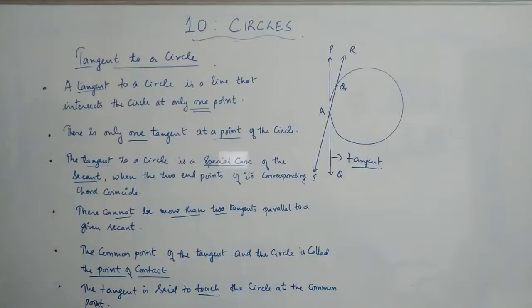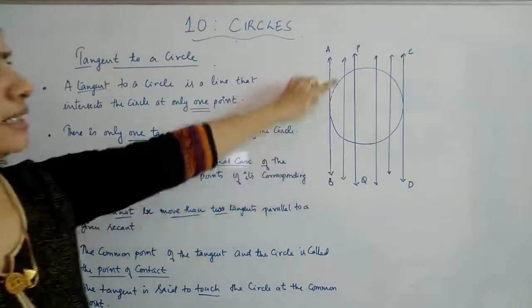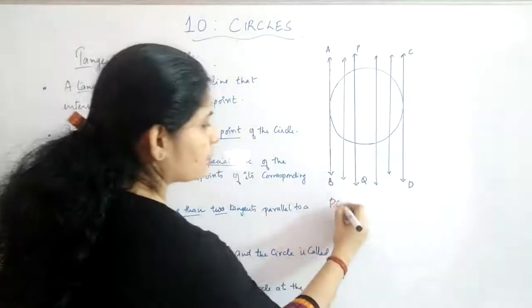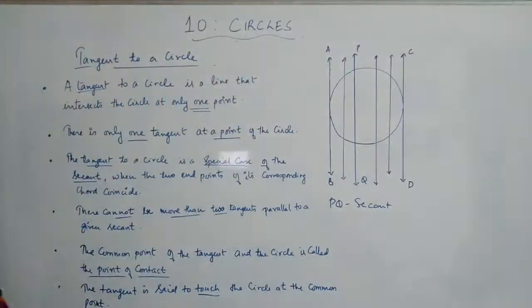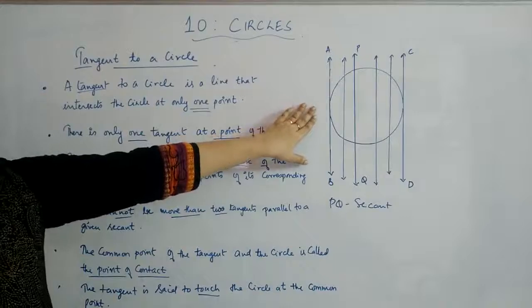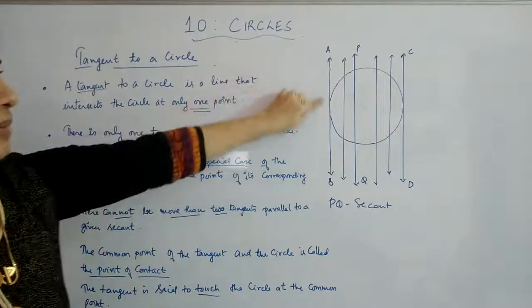Next is, there cannot be more than two tangents parallel to a given secant. Here I have taken PQ as the secant and we have drawn certain lines parallel to the secant, and we can see that we can draw a maximum of two tangents which are parallel to the secant.